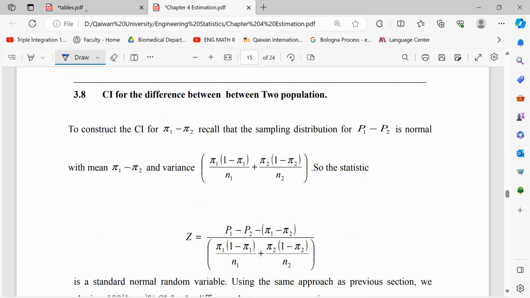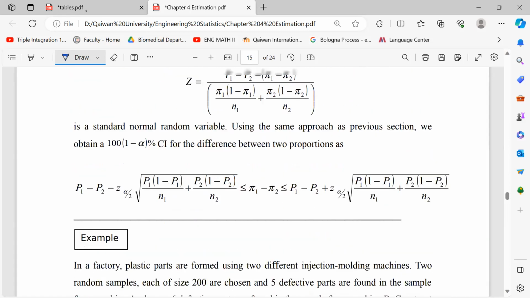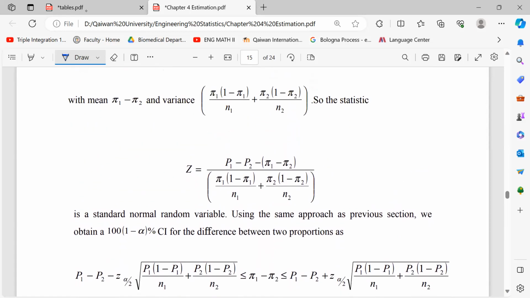Another topic is confidence interval for the difference between two population proportions. Here, it's only one case. It's not like the previous topics.